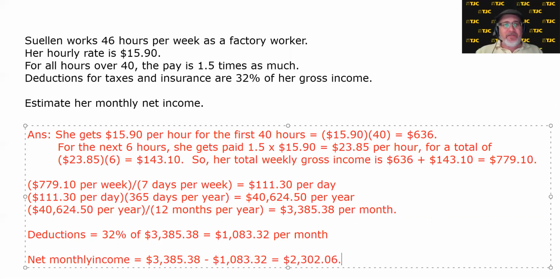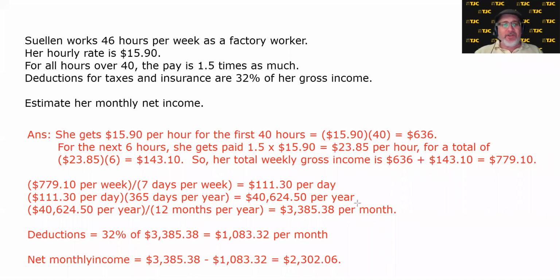I want you to let this sink in for a second, because some of you are going to be in for sticker shock the first time you get a full-time job. That's what she made before deductions. This is what she makes after.